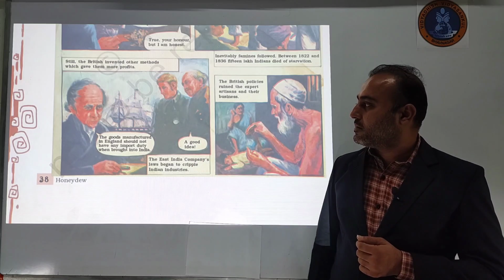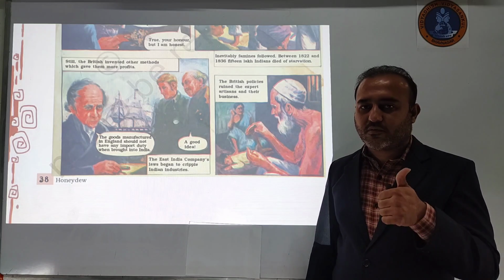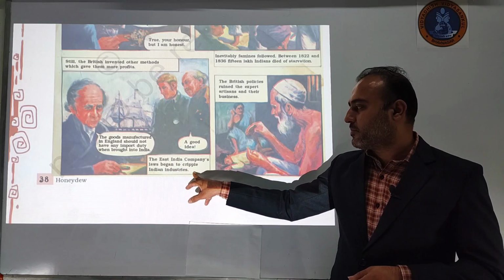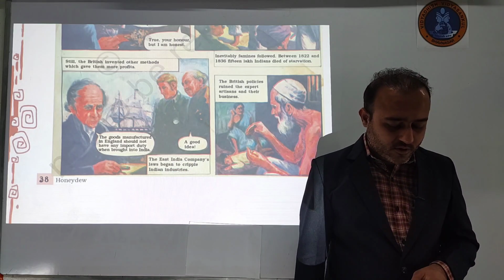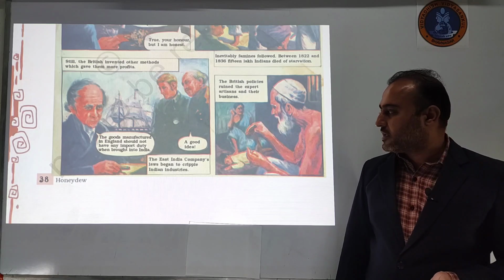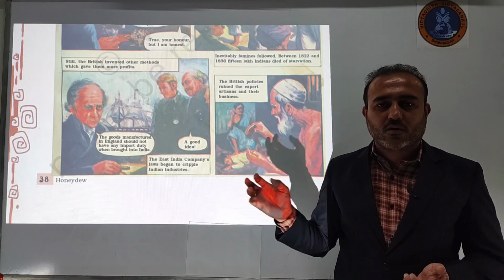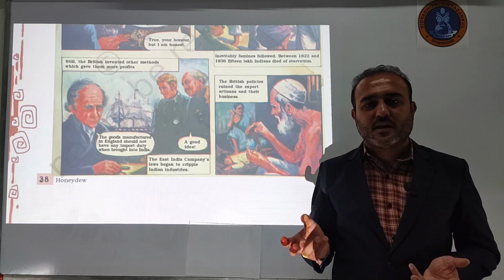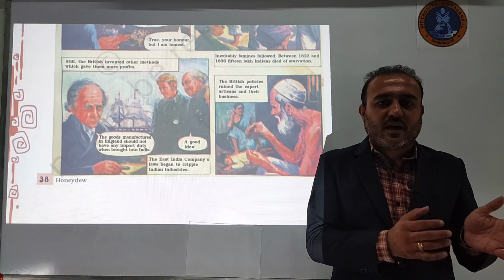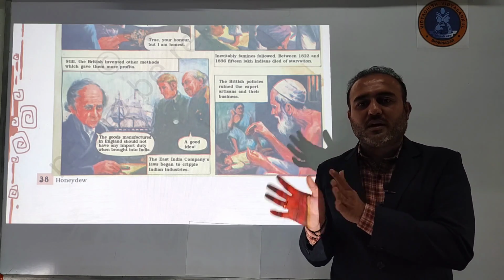So what are the Britishers deciding? That it is a very good idea. The East India Company's laws began to cripple Indian industries, right? So cripple means paralyze, damage or injure. That means they prepared such a kind of laws, rules and regulations, in which the ultimate benefit was to the Britishers and the ultimate loss was to the Indians.